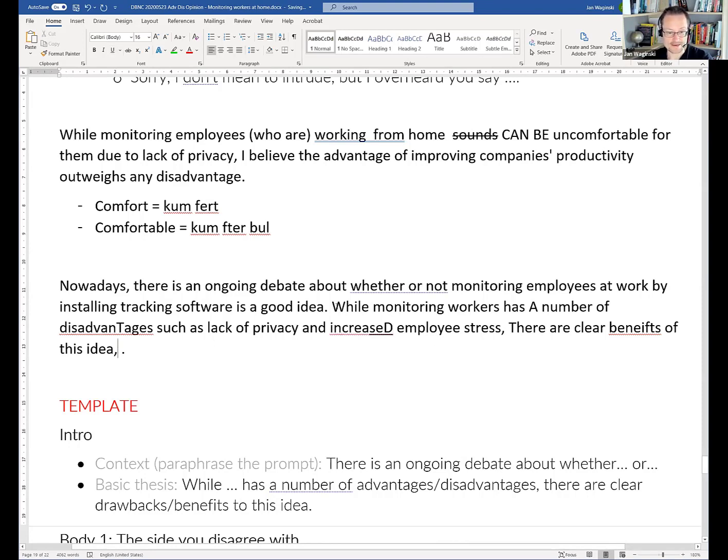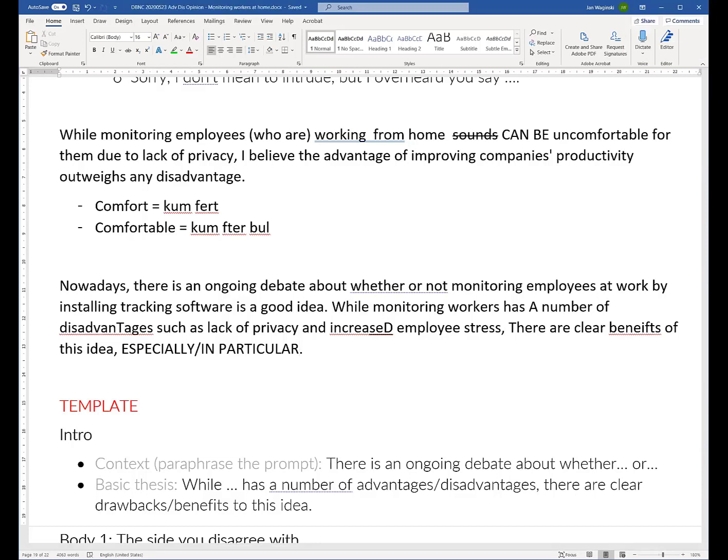So in this format, for the conclusion, you've listed the reasons, lack of privacy and increased stress, but then there are clear benefits of this idea. You should also, just for the parallel structure of this comparison, indicate what the benefits are. So I would say especially, or in particular, and how would you very briefly summarize that? Increases work productivity.